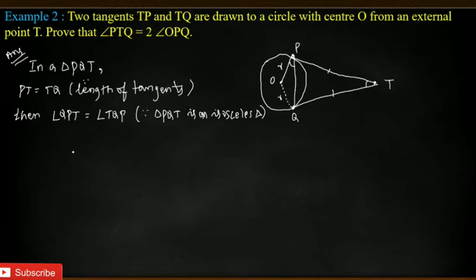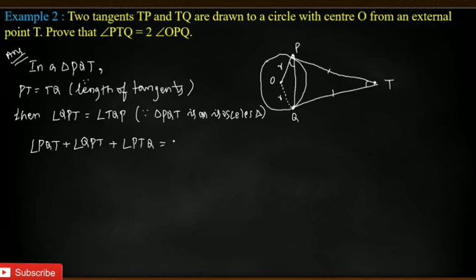Now we got it, these two are equal. Now I'm going to find the interior angles of this triangle. I'm going to add all the angles: angle PQT plus angle QPT plus angle PTQ.